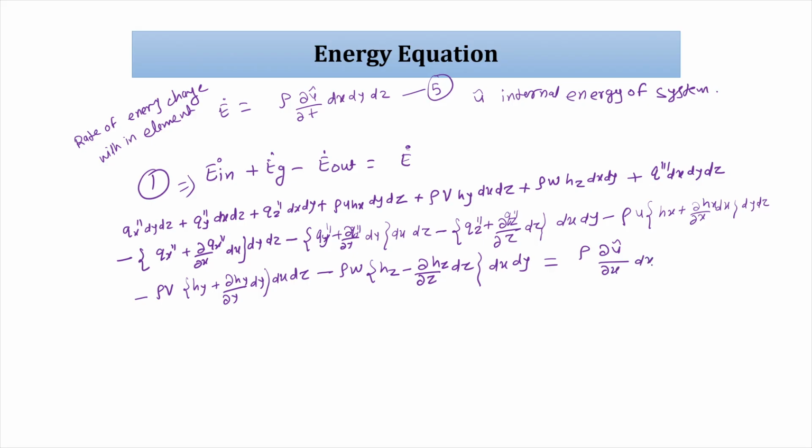Interestingly, we can see some terms cancel out. This term is cancelled by this, similarly here, and here, and here. 12 terms cancel out. Now the remaining terms we can write down.